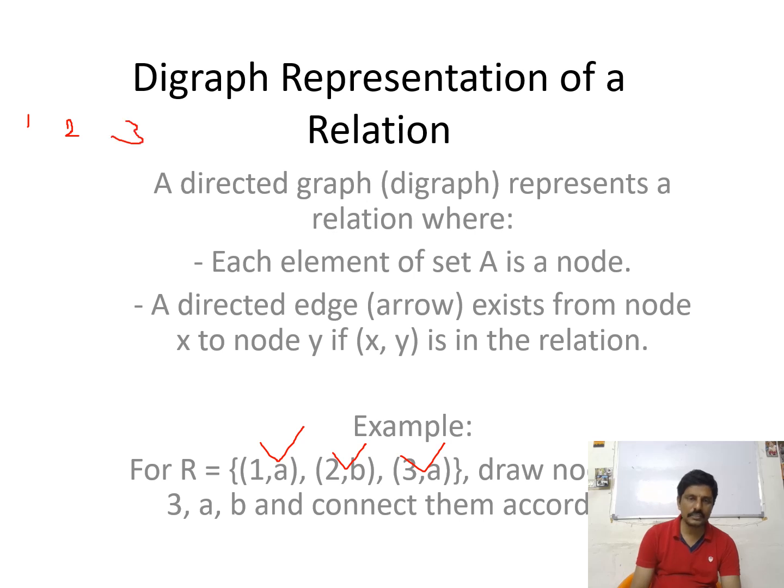You can take this anywhere, above or below, it doesn't matter, and the set B elements are a, b. Now we need to observe whether there is any relation from the elements of set A to the elements of set B. Yes, (1, a) is there in the relation.